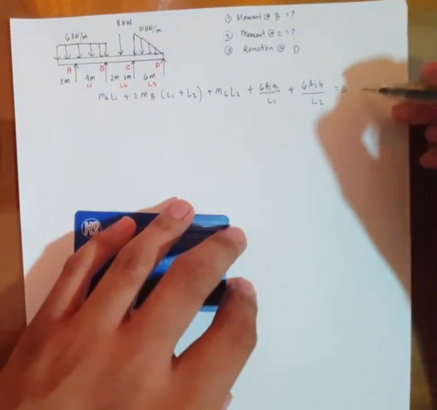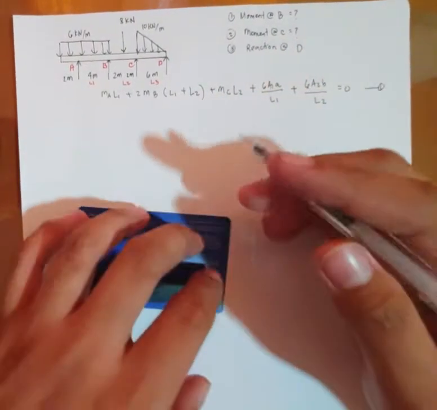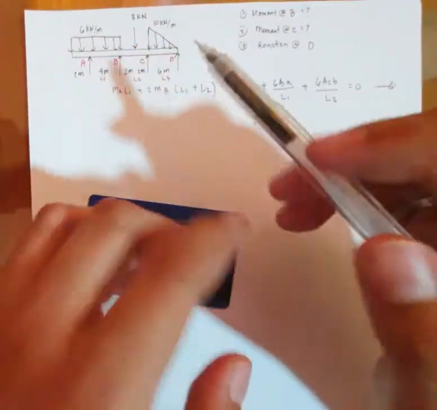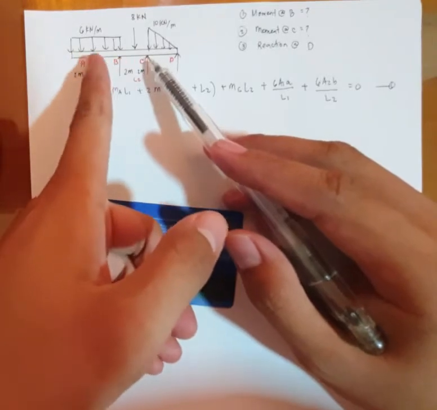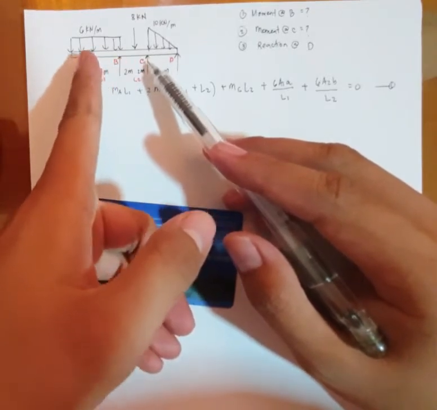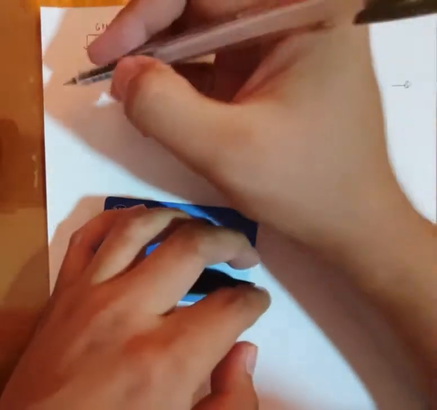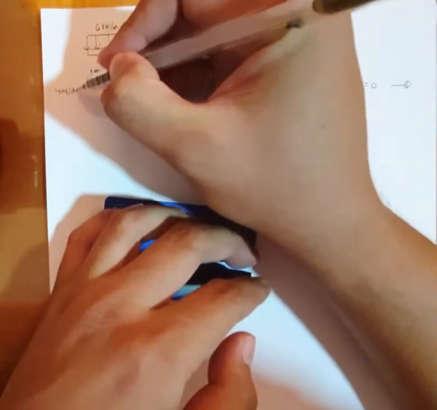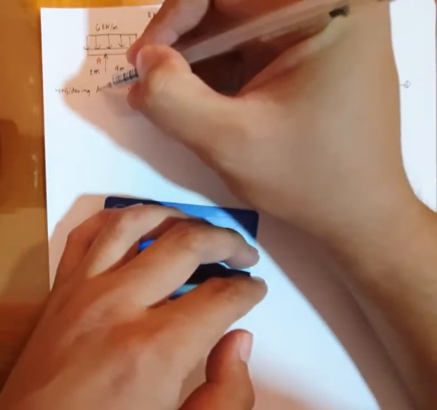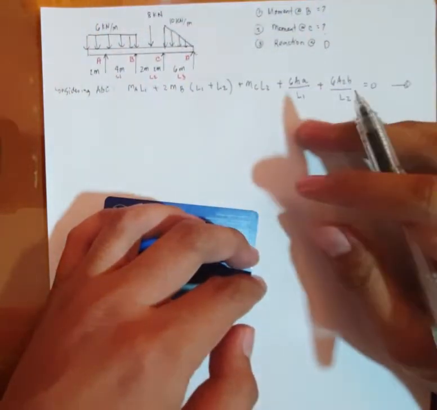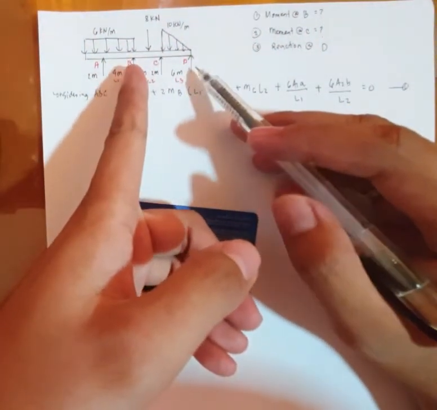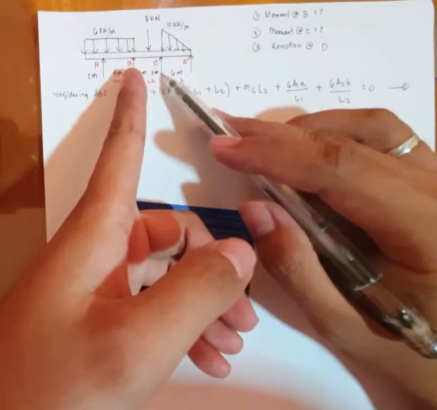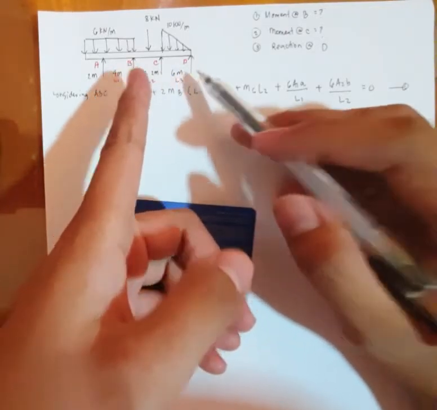The second equation is considering these 3 points A, B, and C. But considering B, C, and D, you get another three moment equation.